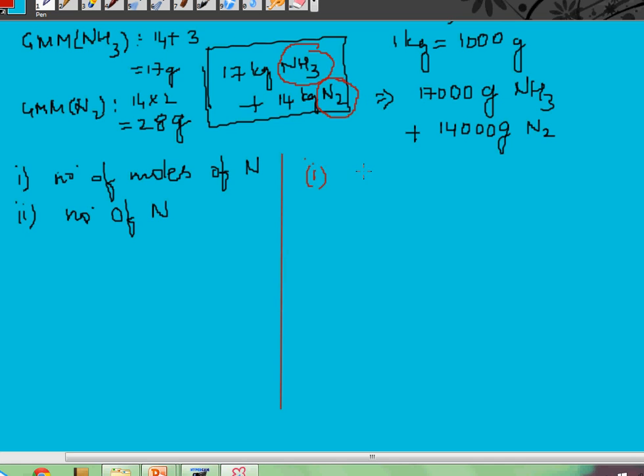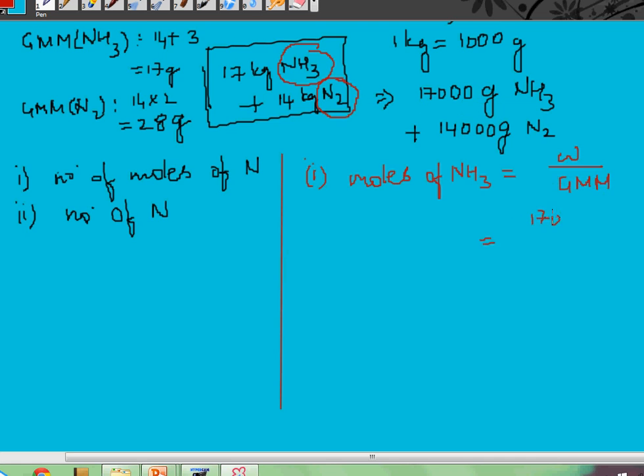So first let's calculate the moles of nitrogen atoms in ammonia. First let's calculate the moles of ammonia. So moles of ammonia is the given mass of ammonia divided by the gram molecular mass of ammonia. You know the given mass of ammonia is 17,000 gram.